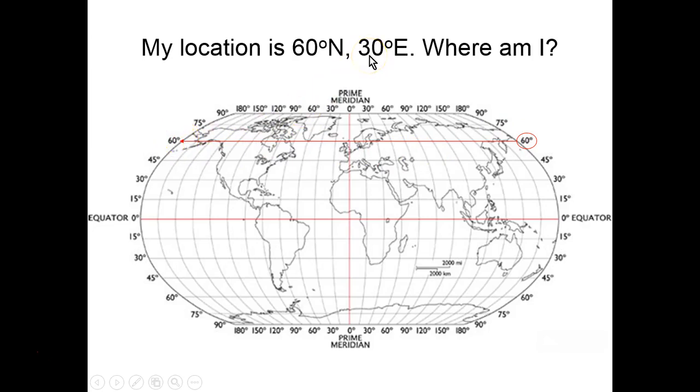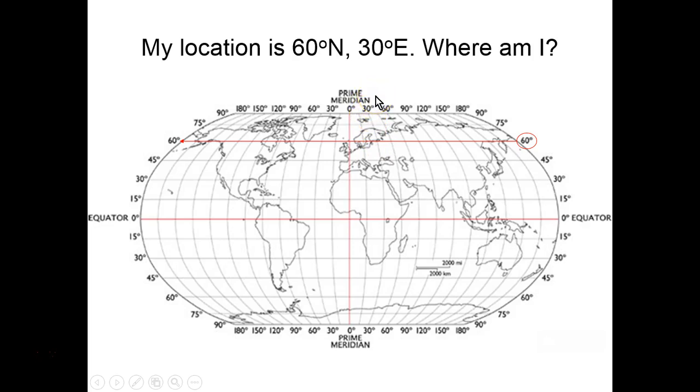Then we look to the longitude, and it says it's 30 degrees east. So is it this one, or is it this one? This one is degrees west. This one is degrees east. So we are somewhere along the 30-degree longitude line, which is this line that I'm trying to trace here with my cursor.